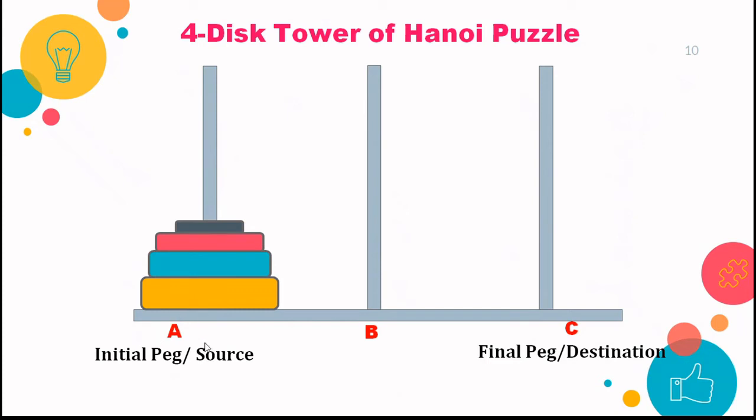Again, this is your initial peg or source, and you have to move all these 4 disks on the peg C, that is your final peg or destination, and we'll be using different cases. So now let's understand how it is going to happen. Here, as the number of disks are increasing, the number of steps will also increase, right?